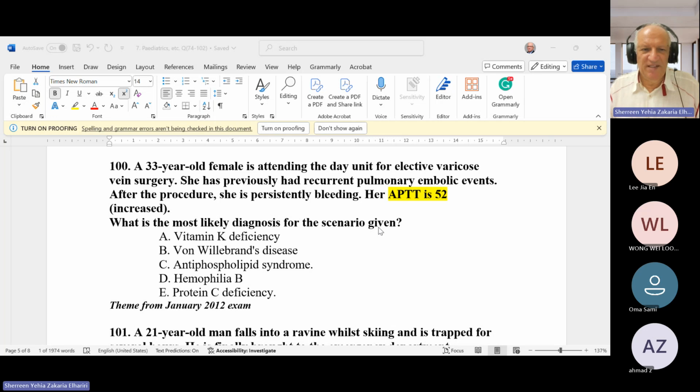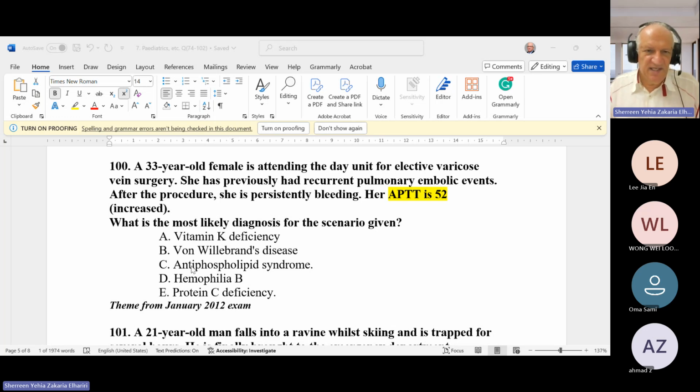So this patient has an abnormality in some clotting mechanism, and it can sometimes cause thrombosis, and sometimes bleeding. She has had recurrent thrombosis. If you have thrombosis at this age, there are three possibilities: protein S, protein C, antiphospholipid syndrome.